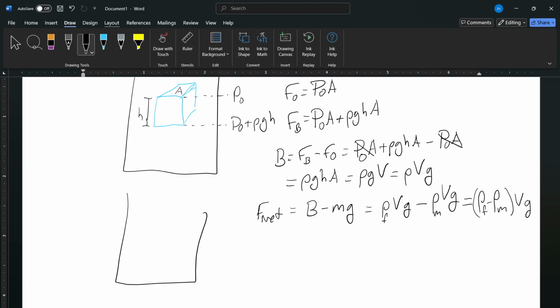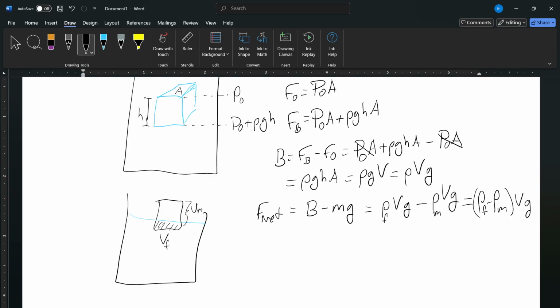So we have our container, our water, and our object is submerged only part way. Then we have this area here, and that's the volume of the fluid that's displaced versus the volume of the entire thing, which would be the volume of the material, the object.